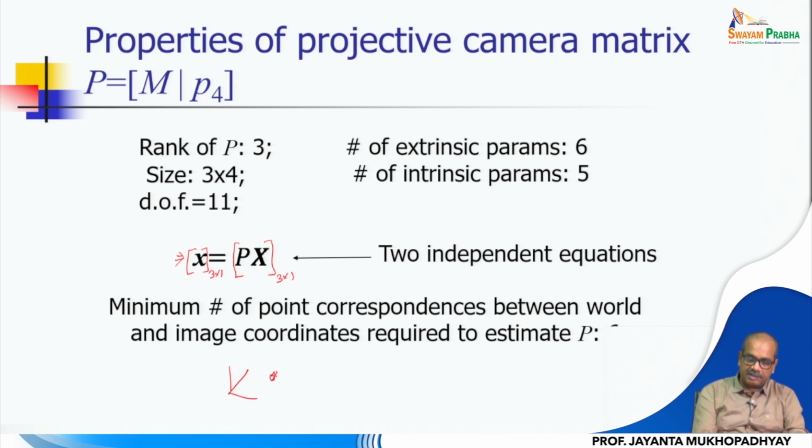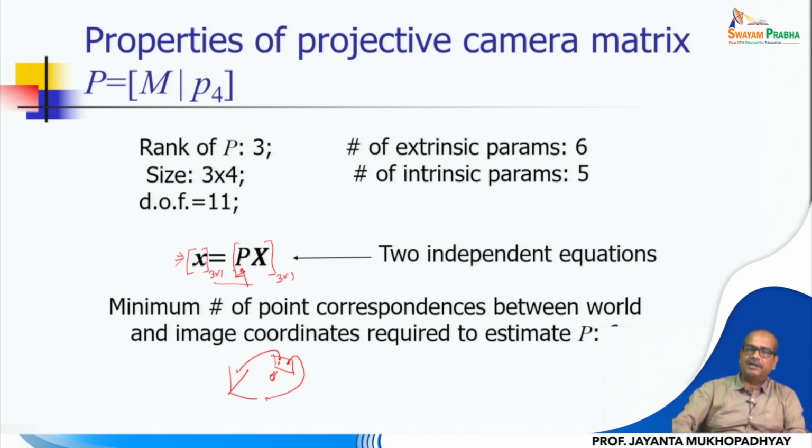I can observe only the image points, and since I also know the respective scene, I can make a correspondence: for example, this scene point corresponds to this image point, or another scene point corresponds to this image point. Each correspondence will give me these 2 equations. So, the question is how many minimum point correspondences you require to estimate the projection matrix.